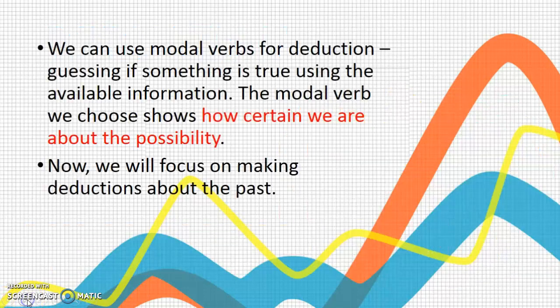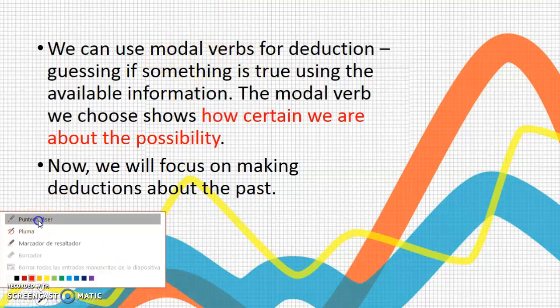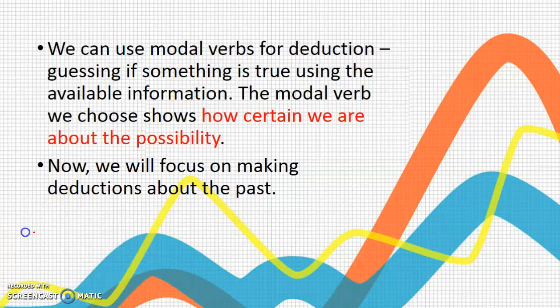And when we talk about deductions, we are going to use some modal verbs for deductions. These grammar structures are going to help us to guess, to deduce if something is true using the available information.